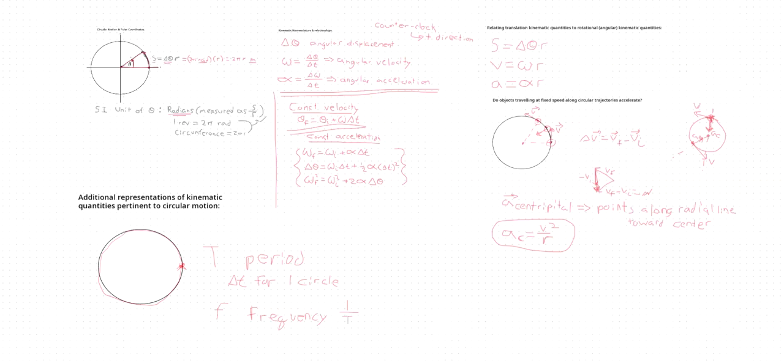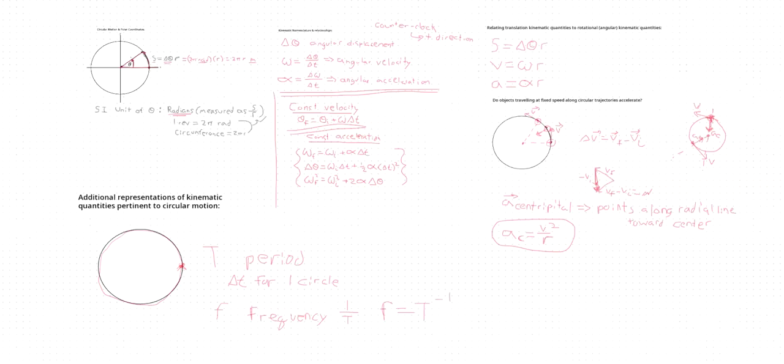It's how many circles or cycles you accomplish in a given amount of time. So that is necessarily having an inverse relationship to period. So frequency has an inverse relationship to period.